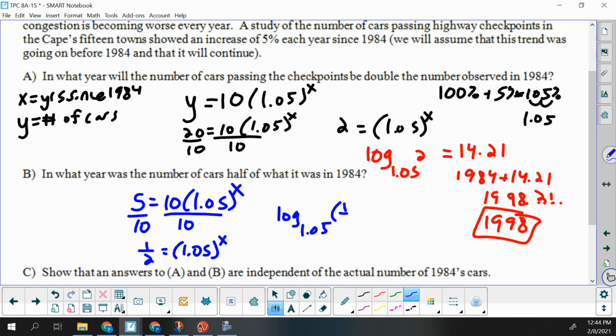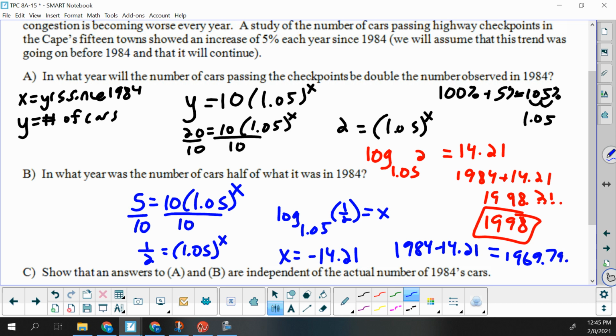A half is now on the inside, and we're equal to x. Well, in this case, we get x is equal to minus 14.21. So let's take our 1984 and subtract 14.21. Well, for this, we get 1969.79. So this is occurring during 1969.